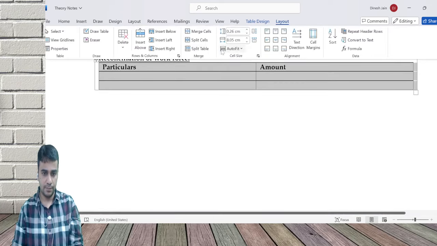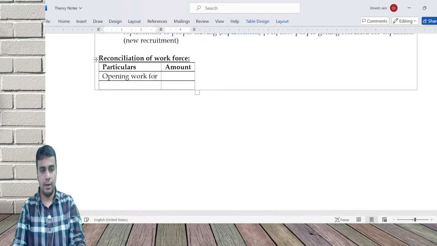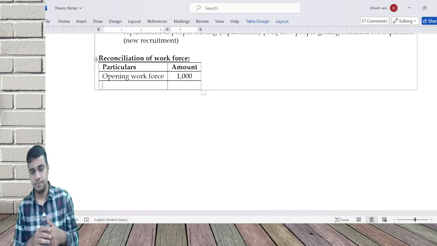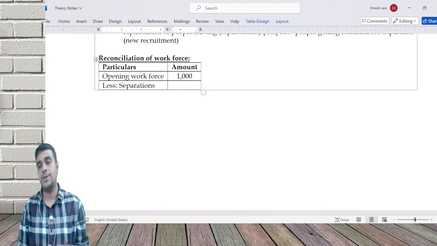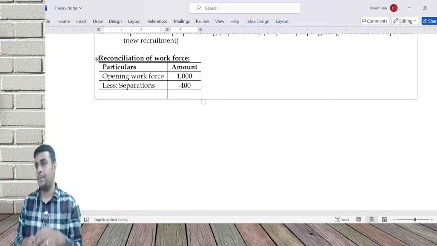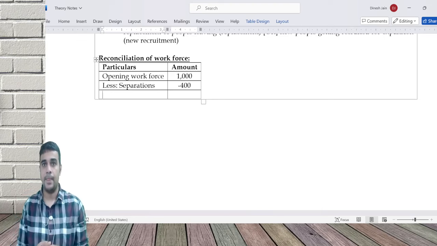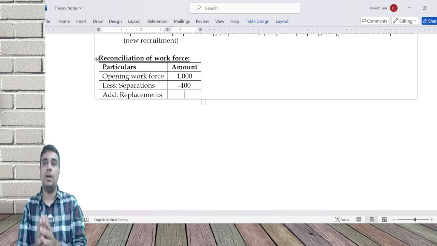Opening workforce: I'm writing some random number, 1000. Less separations 400. It's a big number, but okay. 400 people left out of these 1000. Add replacements. Whoever went out, I brought in a few people.